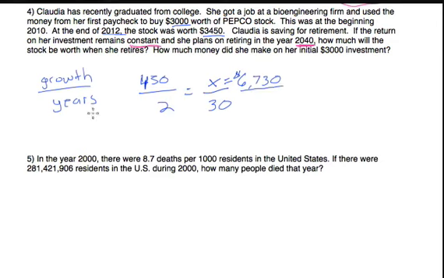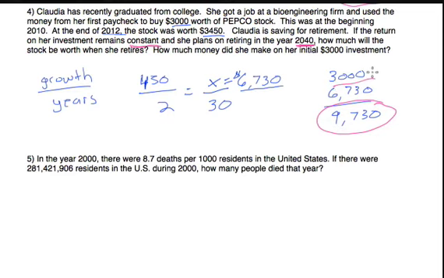Remember, growth over years. How much will the stock be worth when she retires? Well, it was originally worth $3,000, and it grew by $6,750. So it's going to be worth $9,750 when she retires. That's pretty good.